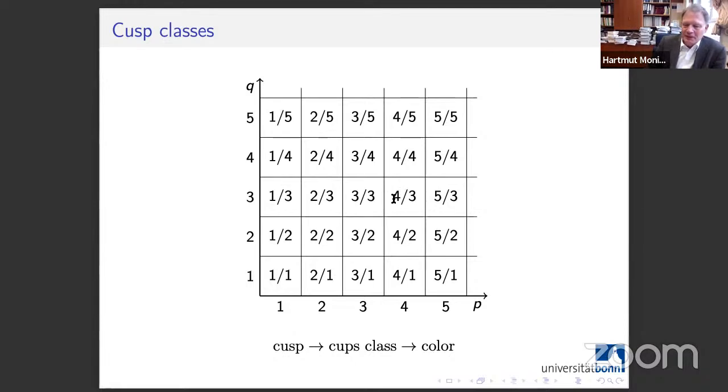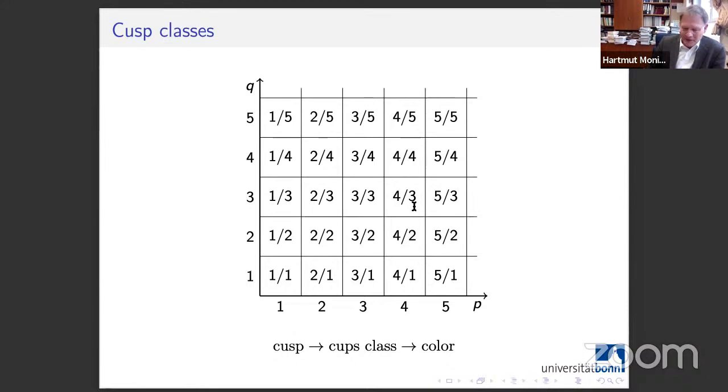What I will do is take this number 4 over 3, for example, and reduce it to the elementary cusp in the way I just described. And I will color code the cusp classes: instead of numbers, I will just give it a color, and I will color the squares according to this cusp class.